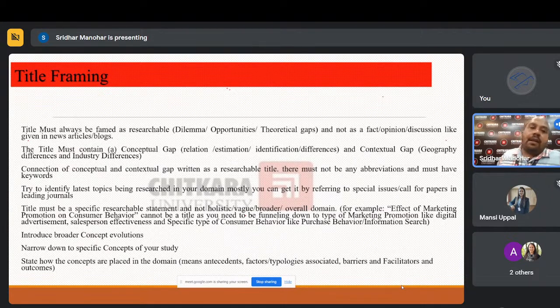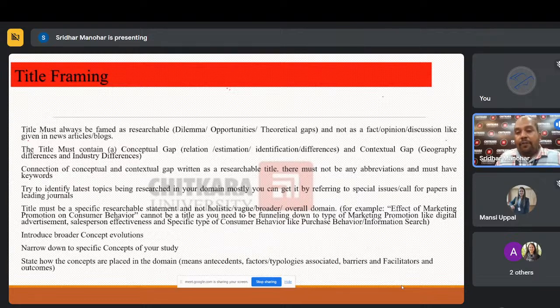It must not be a fact or an opinion or a discussion where you don't need to do research. There, it's a fact, and there is an opinion, and there is a discussion, which is not researchable content that you waste cost and time on.